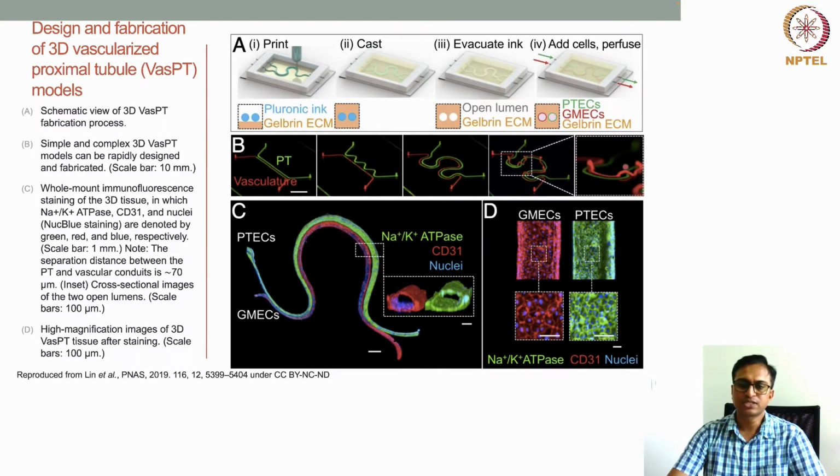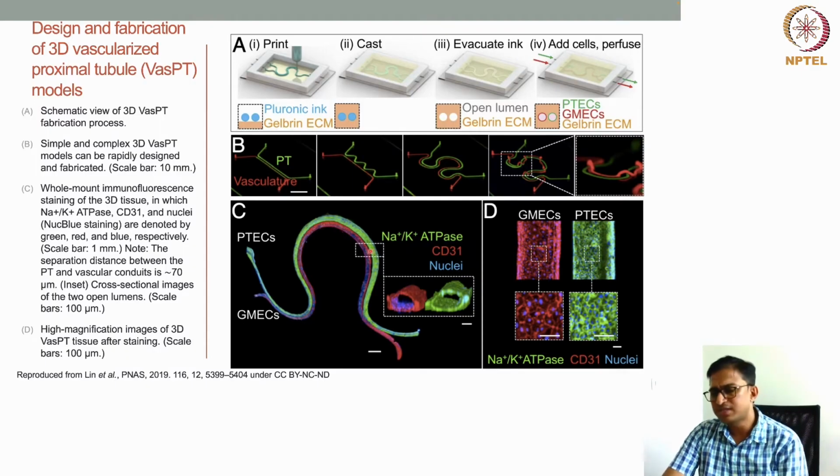This is a schematic. Whole-mount immunofluorescence staining of the 3D structure was done, and you can clearly see the sodium potassium ATPase pump, which is actively involved in pumping, and helps in reabsorption. So that is there.